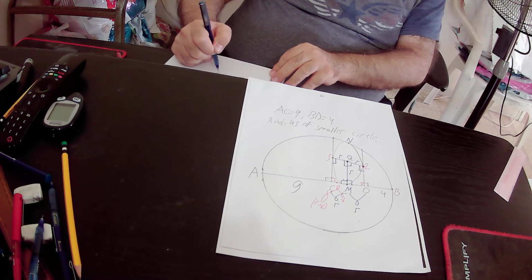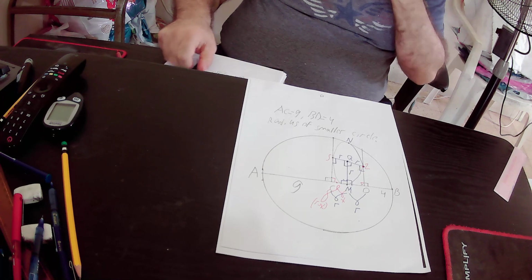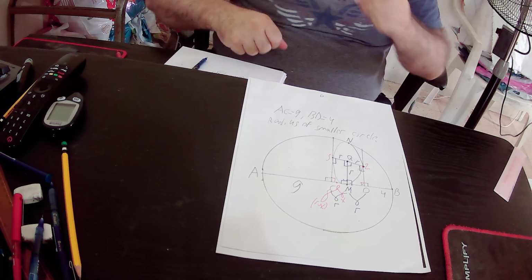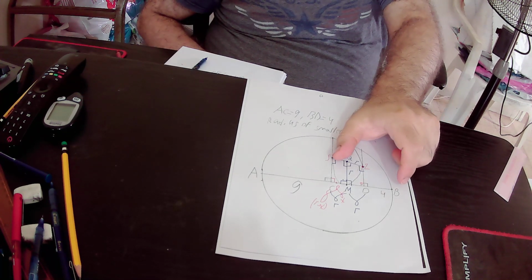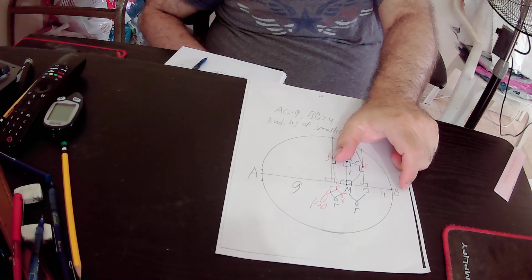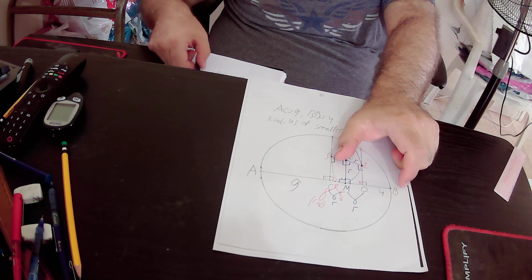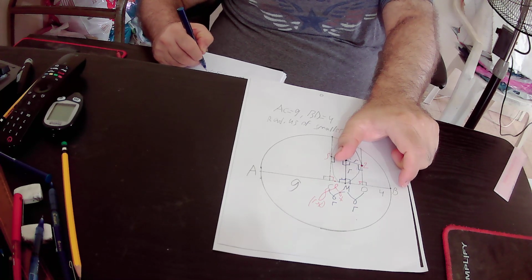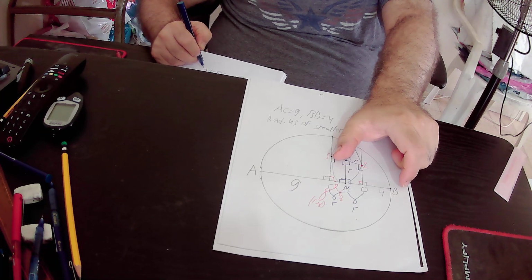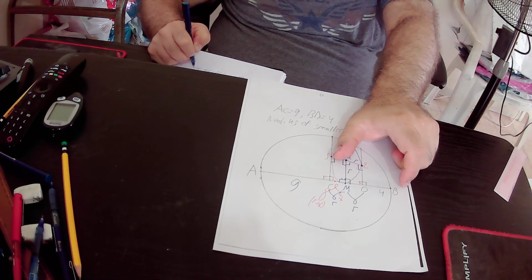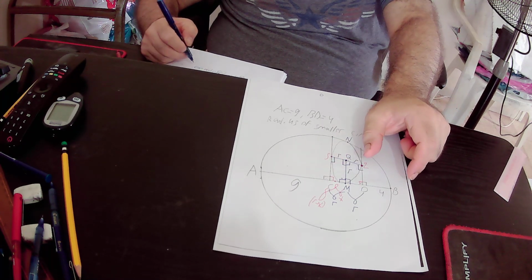But what is the value of PB? The value of PB is actually PM plus MD plus DB.